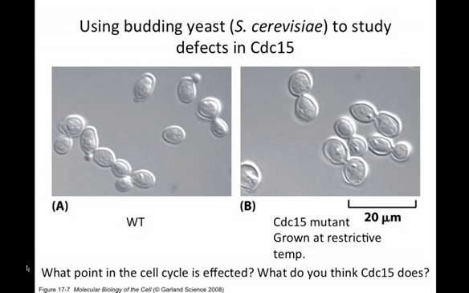Okay, yep. So they all seem to be in the same step of budding. Cytokinesis, so that's part of separating. Stuck at cytokinesis, right, because they're not completely separating. Right, so if I asked you which point in the cell cycle is affected, what might you say?